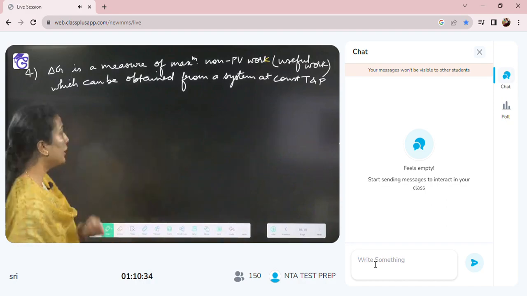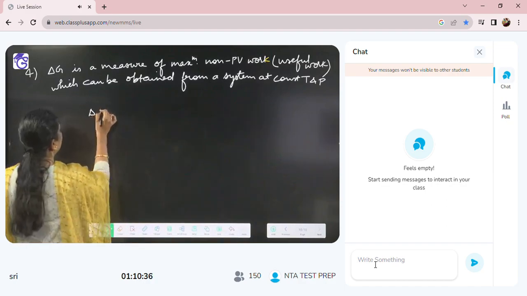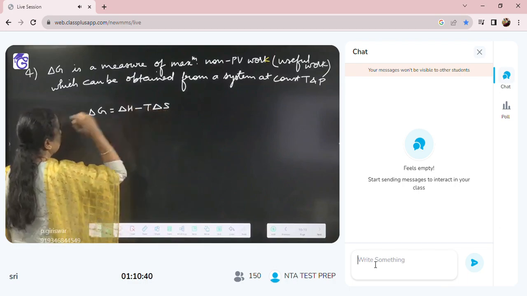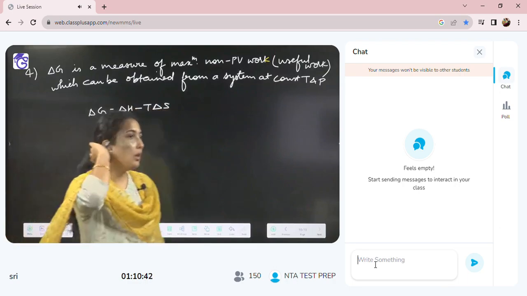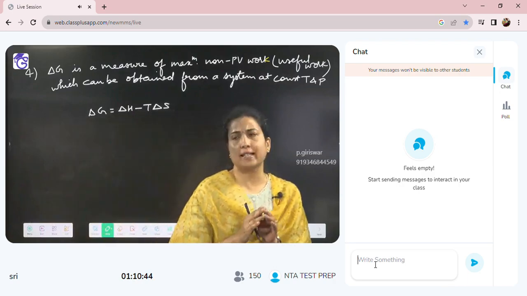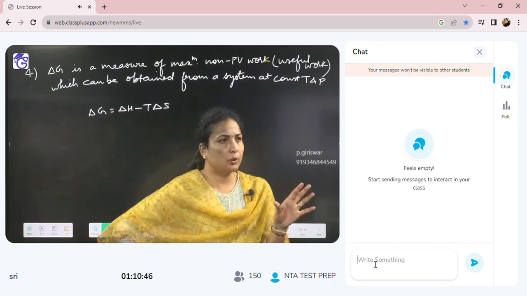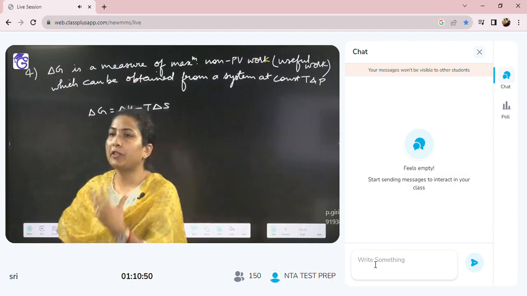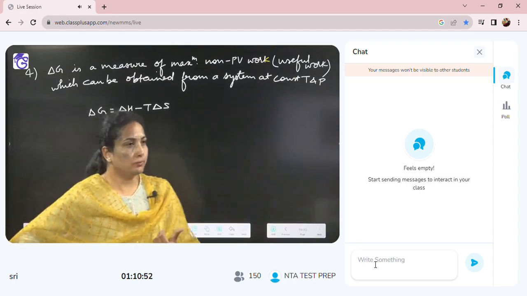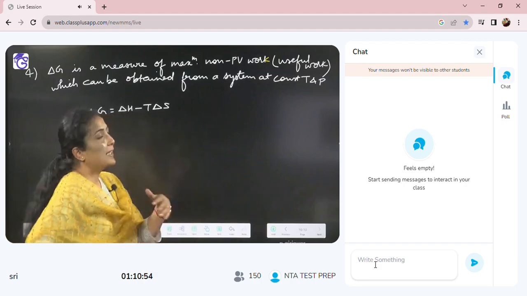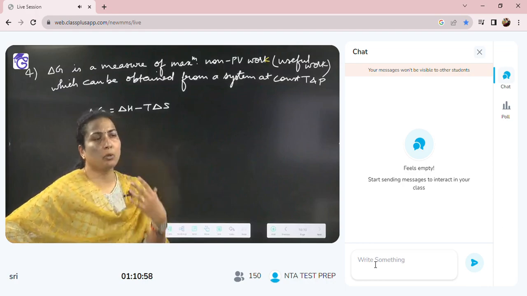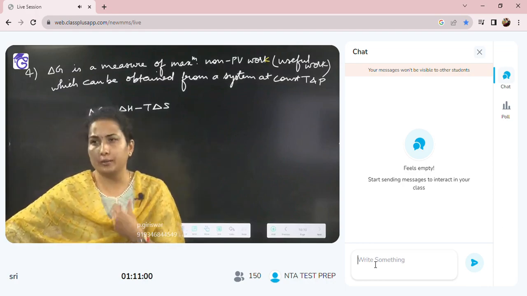Now, what is the meaning of this statement? Let us say you are having delta G is equal to delta H minus T delta S, right? Let us take the example of your scooty or motorbike, whatever it is. You will be filling up the fuel, right? Let us say you have poured in petrol there, and you've taken 1 mole of it. In petrol, let us say one of the components is octane, right?